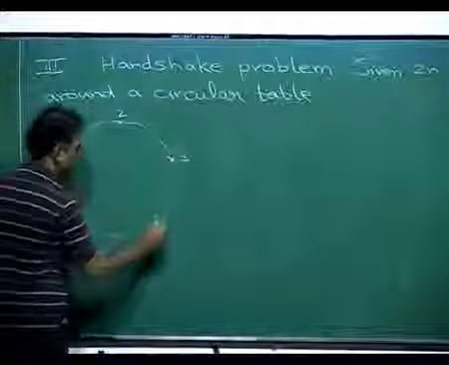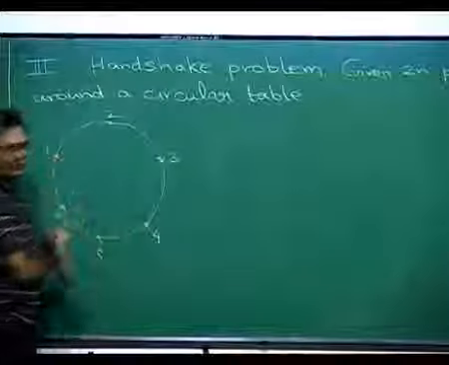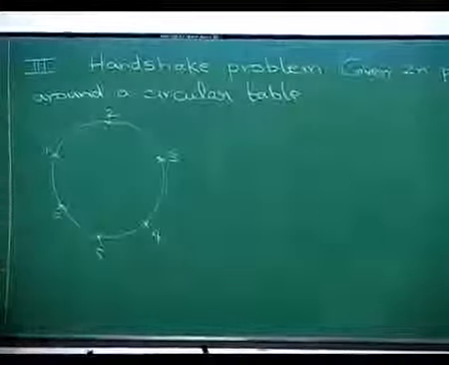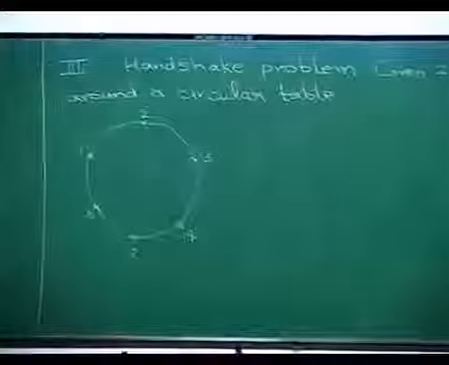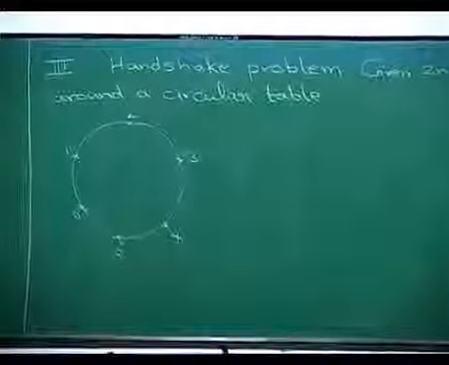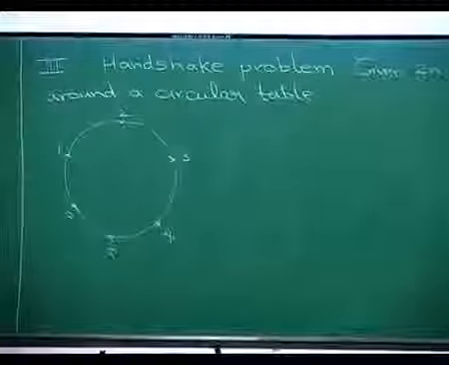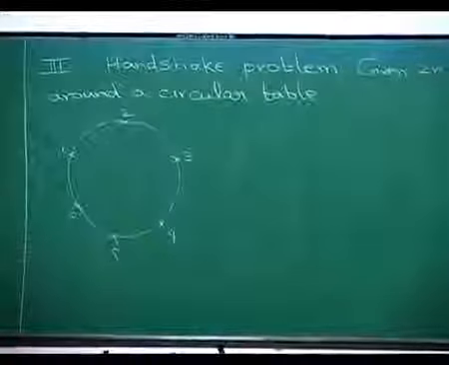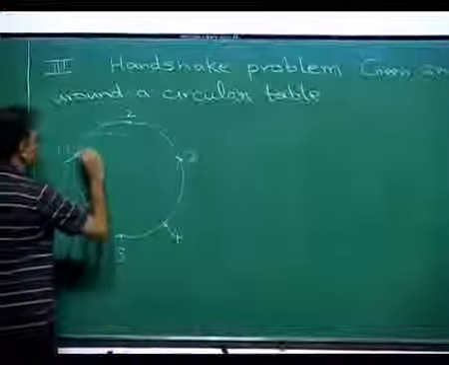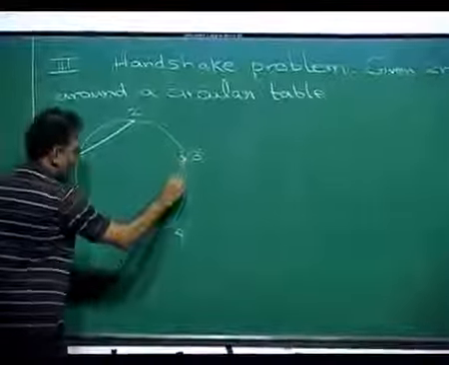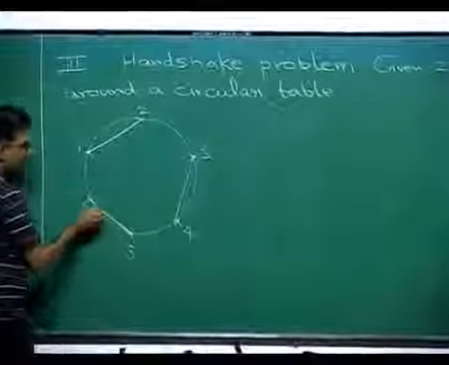Now that's not valid. If 1 wants to shake hands with 3, then 2 will have to shake hands crossing the handshake of 1 and 3. So we want to avoid that situation. So we want to consider handshakes where there are no crossings. Hands should not cross. And let's see how many ways there are. So maybe 1 could shake hands with 2, 3 could shake hands with 4, and 5 could shake hands with 6.